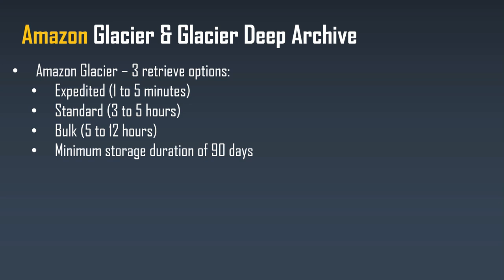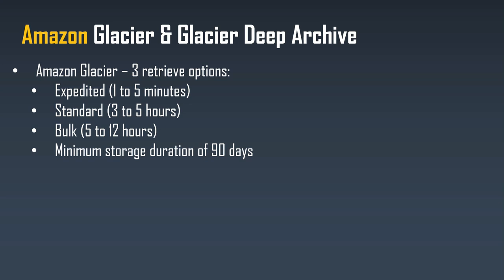And bulk, when you require multiple files retrieval at the same time, which takes between 5 to 12 hours to give you back your files. So as you can see, Amazon Glacier is really to retrieve files when there isn't some kind of urgency around it. If you are in a rush, you can use expedited, but it's going to be a lot more expensive than using standard or bulk.